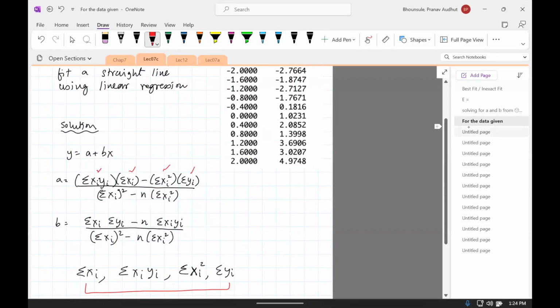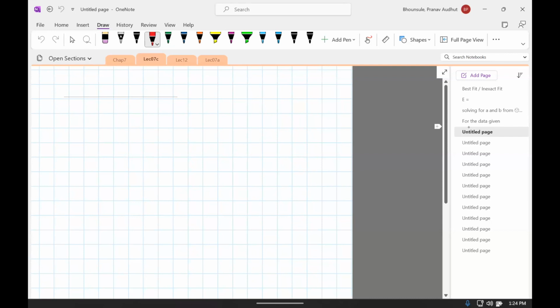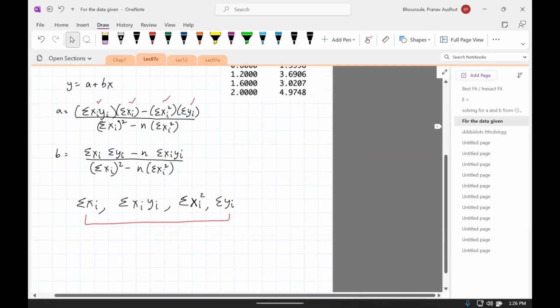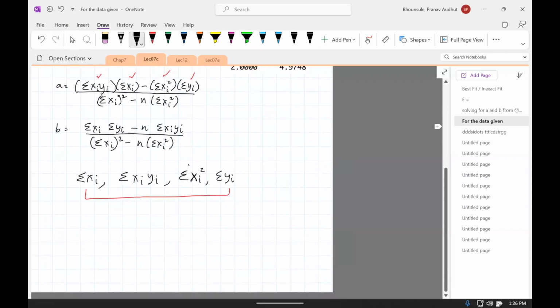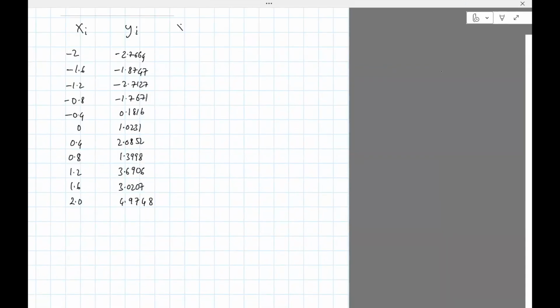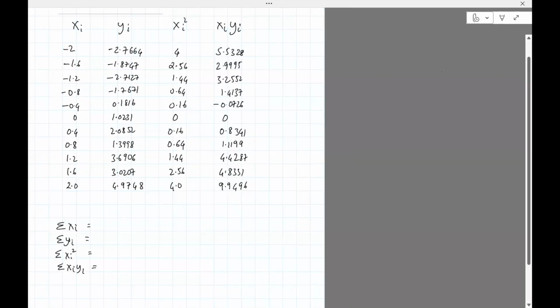So I'm going to copy the table which I just put down there. We already have xi and yi in our data. We need to just compute these 2. So you create 2 more columns: one column would be xi square, another would be xi yi.